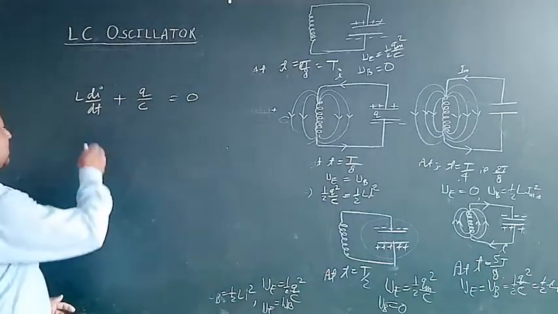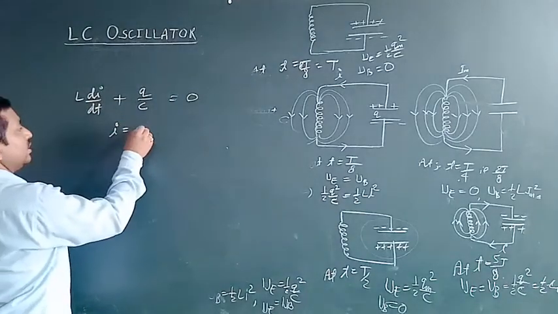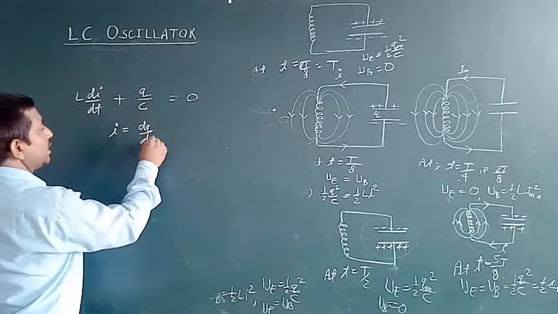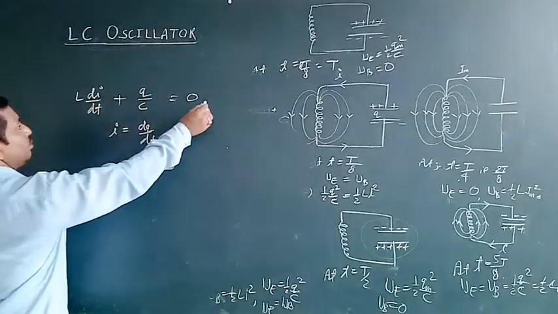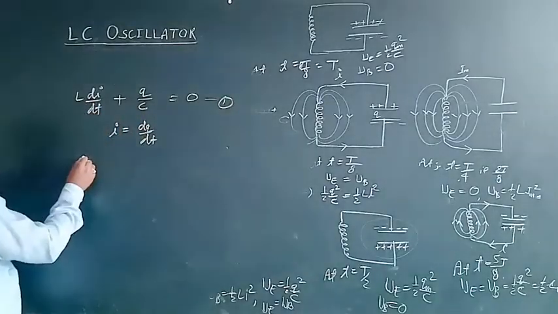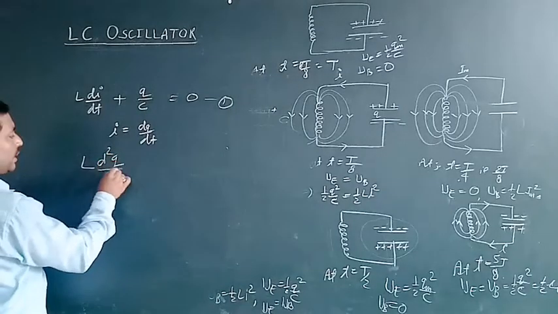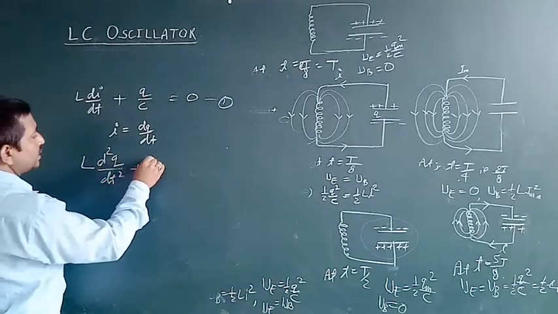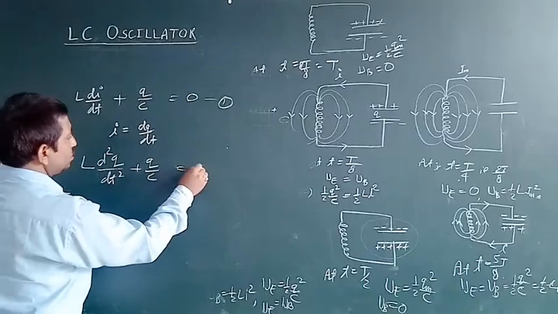Now if we write I as the rate of flow of charge, equation 1 reduces to L into d2q by dt square plus q by C is equal to 0.